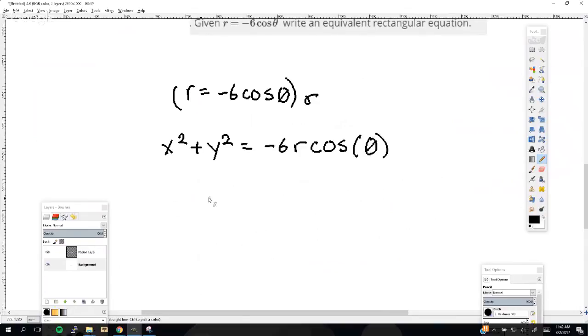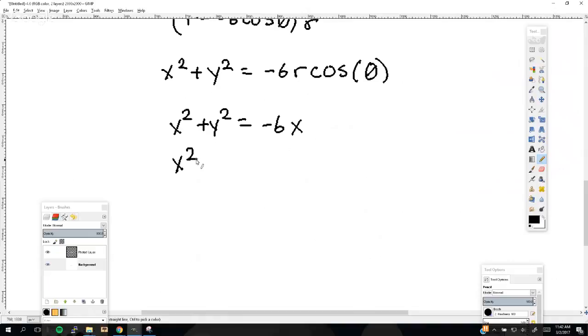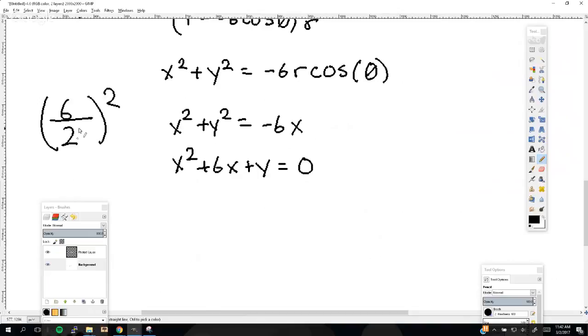Okay, and then this. The negative equals 6x, so you add the 6x over. Okay, and then at this point we get that's 9, right? 6 squared would be 36 over 4.